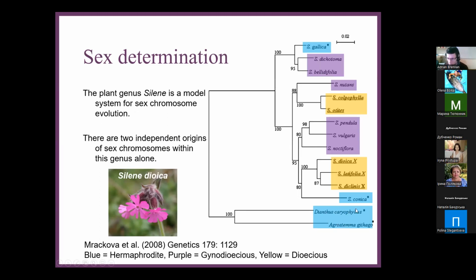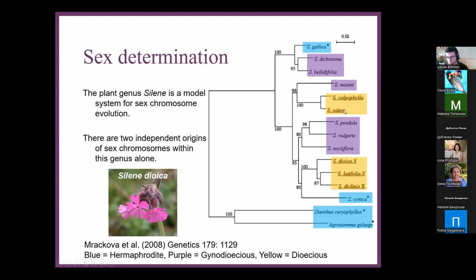The ancestors were hermaphrodite. And then within the genus, we've got a mix of purple groups here, gynodioecious. This is a mating system where you have females and hermaphrodites in the population. And then you have fully dioecious species. So these have males and females. So you can see how males and females tend to evolve from systems of females and hermaphrodites, which in turn have evolved from the hermaphrodite systems.